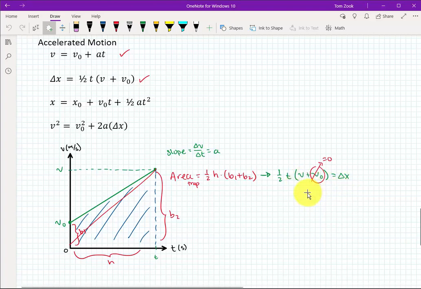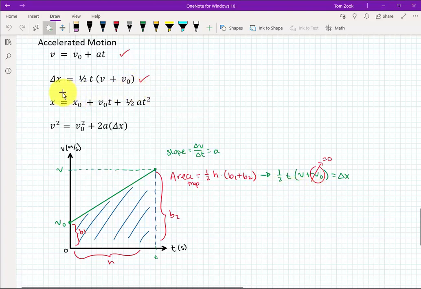You can have it if the original velocity is equal to 0, if it's not equal to 0, and if the original velocity and the final velocity are the same, you just get 2 times v multiplied by 1/2, so the 2 and the 1/2 cancel, and you just have average velocity multiplied by time, which is what we had in a previous video. So this equation, cha-ching, it works.